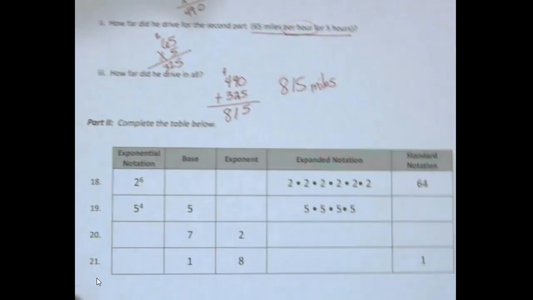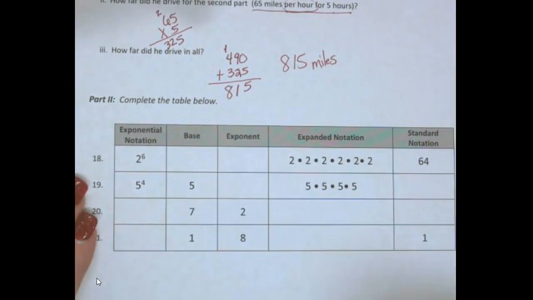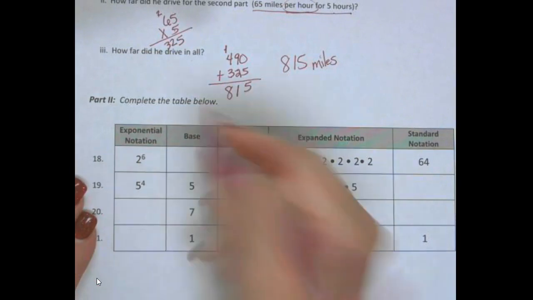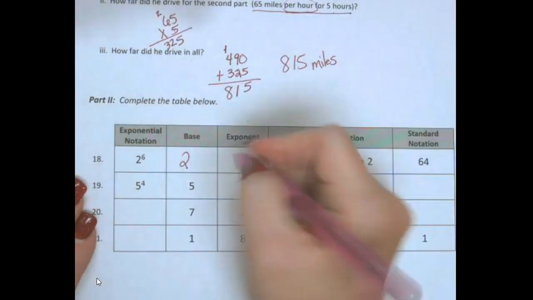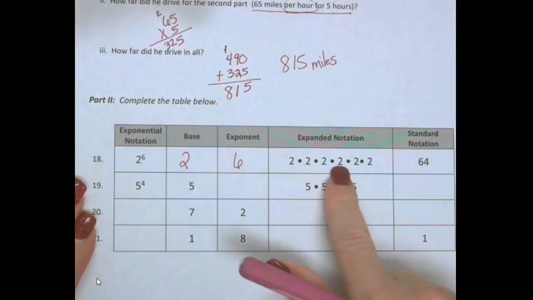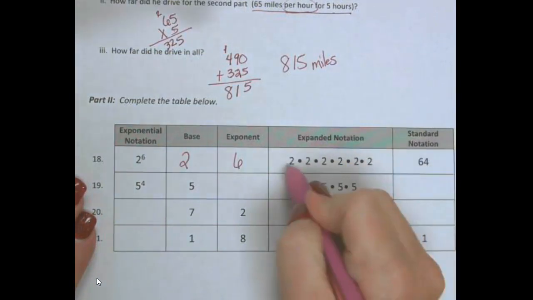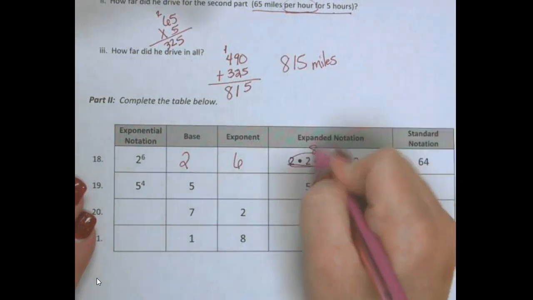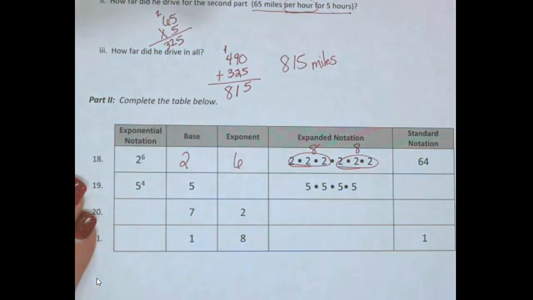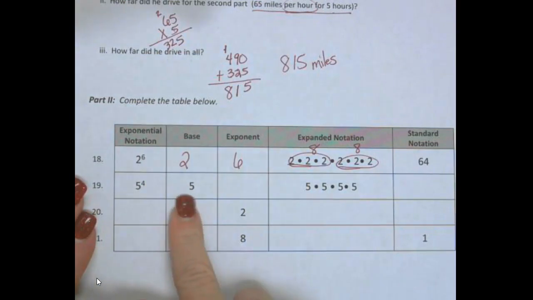So on the next part, part 2, complete the table below. 2, 6. What number is my base? My exponent is 6. 2 times 2 times 2 times 2 times 2 times 2 is, because you can look at this, this is 8 times 8. 8 times 8 is 64. 5 to the 4th power. 5 is my base.